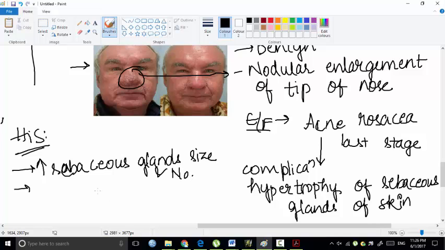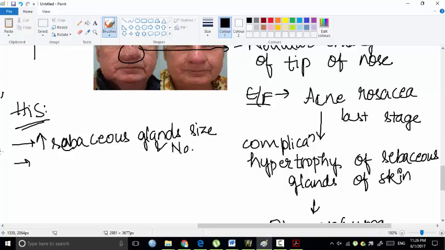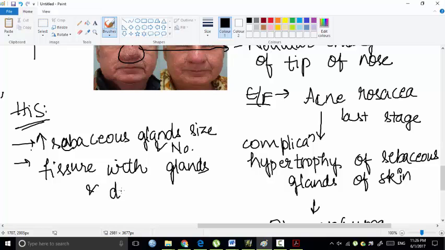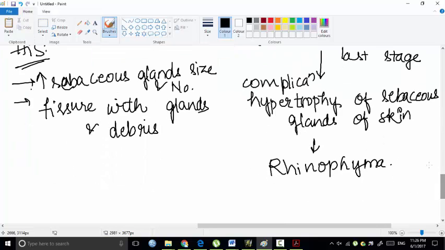Then there are fissures with glands and debris, right? This is the histological feature which you see.